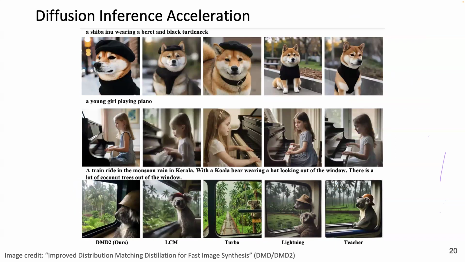So that's about the end of the diffusion and inference acceleration part. At the end, I would like to quote this nice figure from the DMD2 paper that compares different representative distilled diffusion models. All of the left four columns are compared to the teacher model, that is Stable Diffusion XL, shown on the right side.